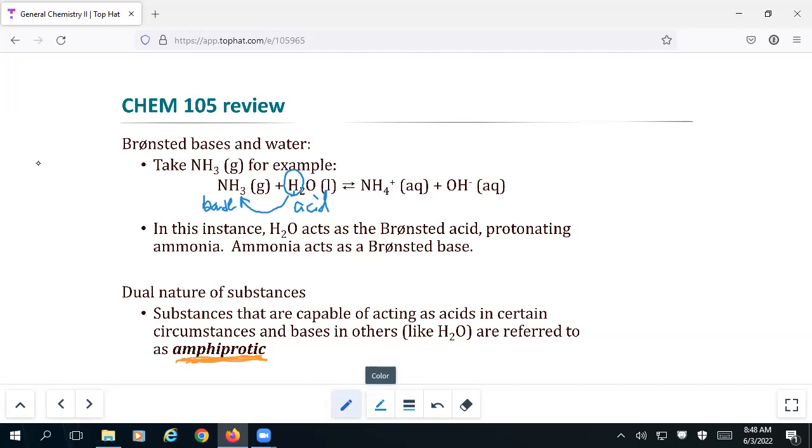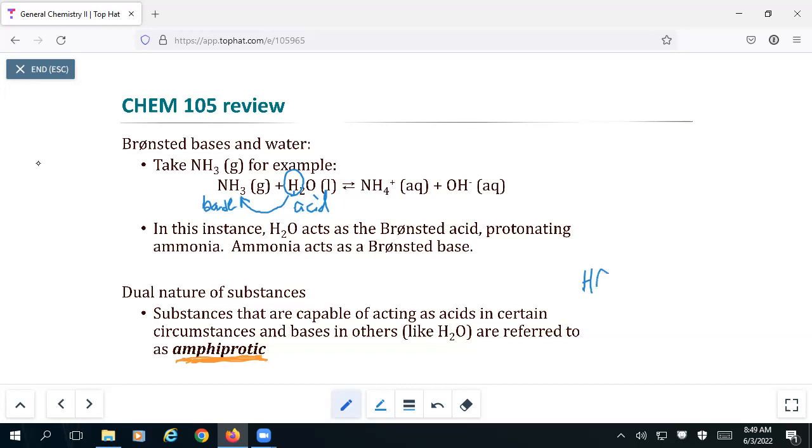But what we will find in this semester and in this chapter, rather, is that there are others, and most of them are going to fall along the lines of ions from polyprotic acids.